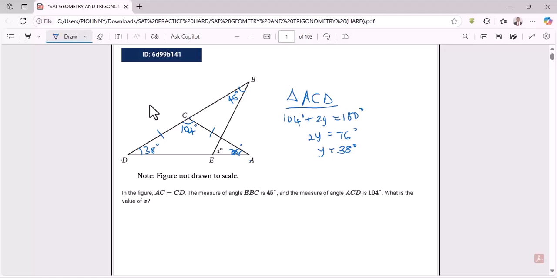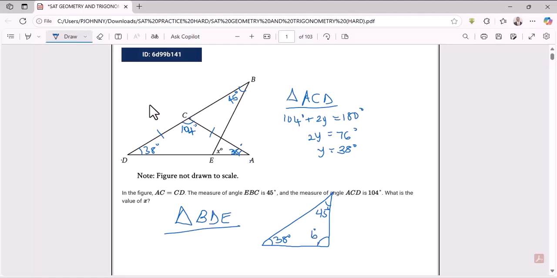So here, actually we don't need that. Now we're considering triangle BDE. So if you consider triangle BDE, this is what we have: 38 degrees, 45 degrees, and this unknown angle here, which you can call B degrees.